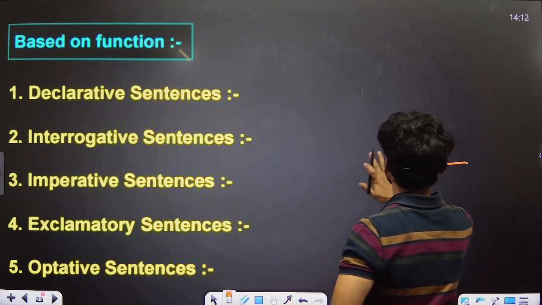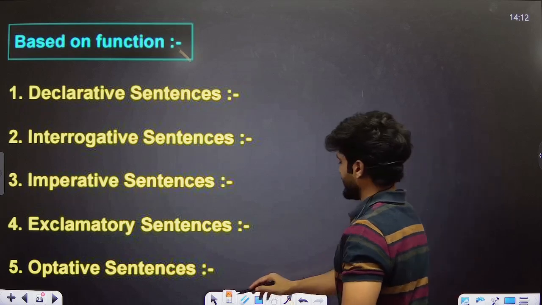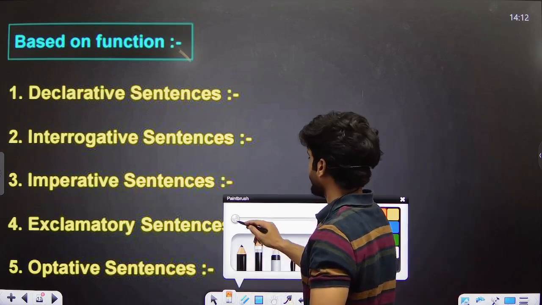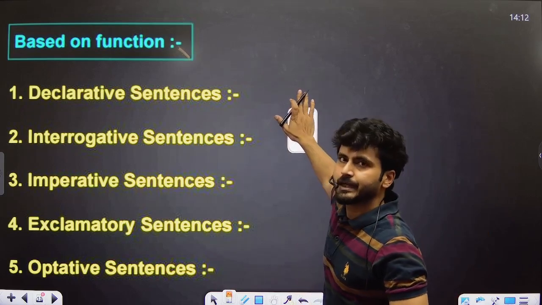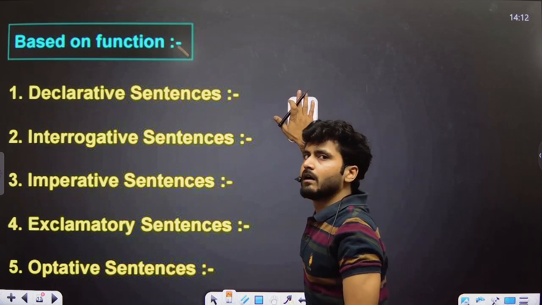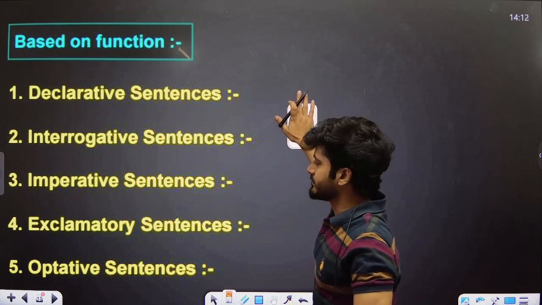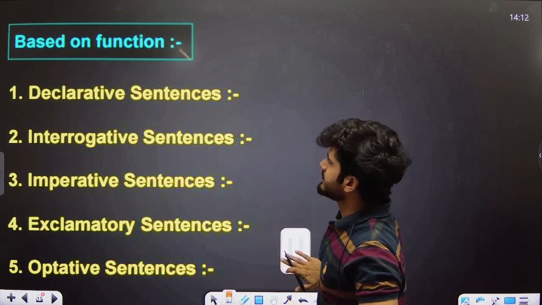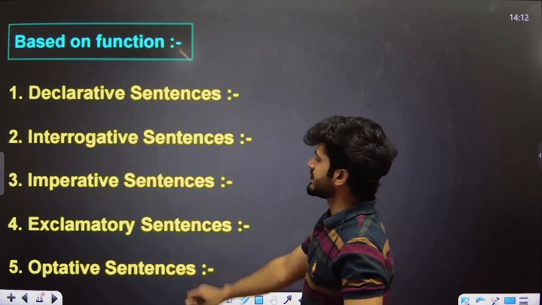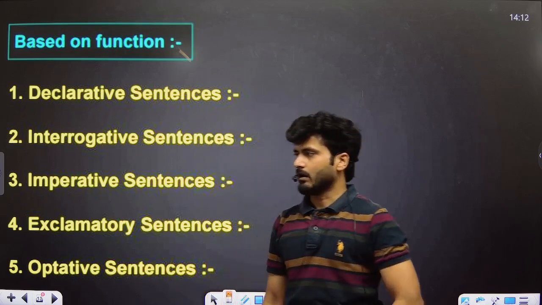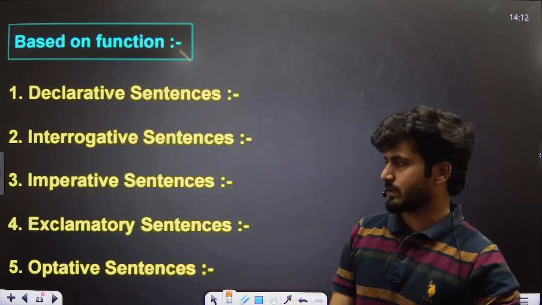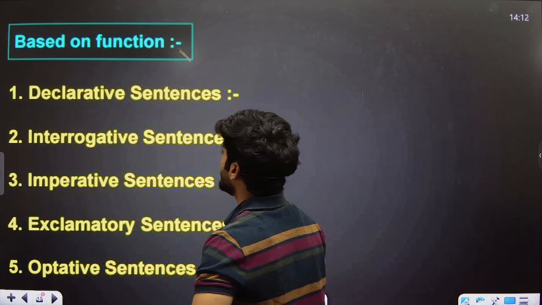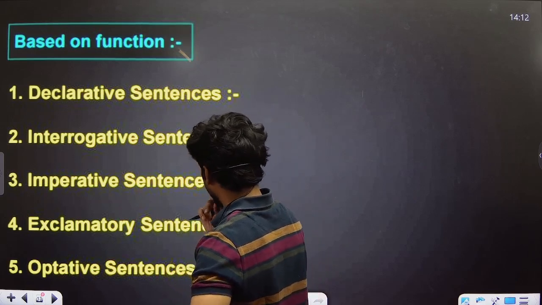Based on the function, we have these sentences: declarative, interrogative, imperative, exclamatory, and optative. Okay, so we will decide the four types of sentences. Optative I have written here. Most of you were confused about the optative cases, so we will discuss the optative also when we were learning about what?